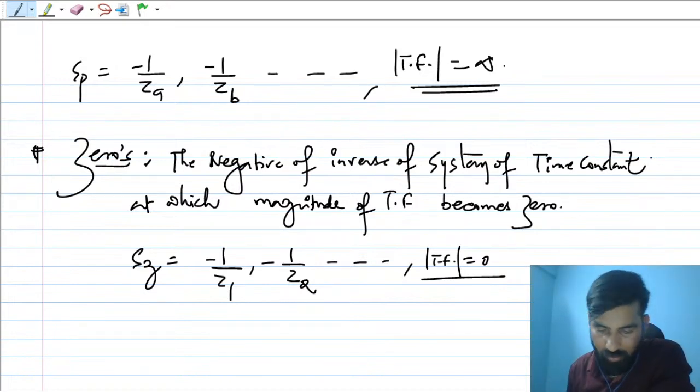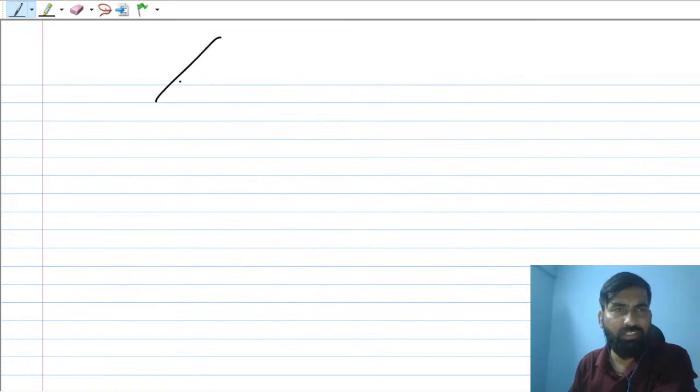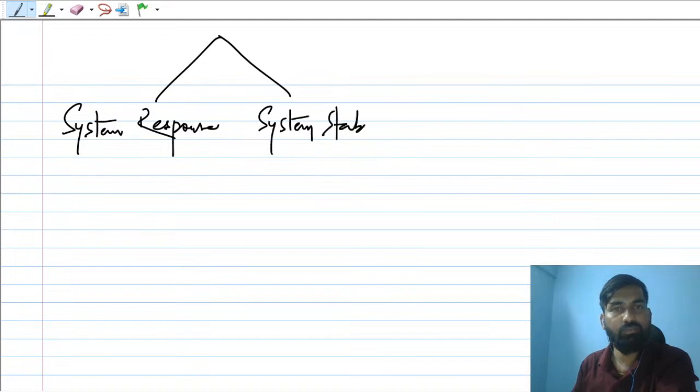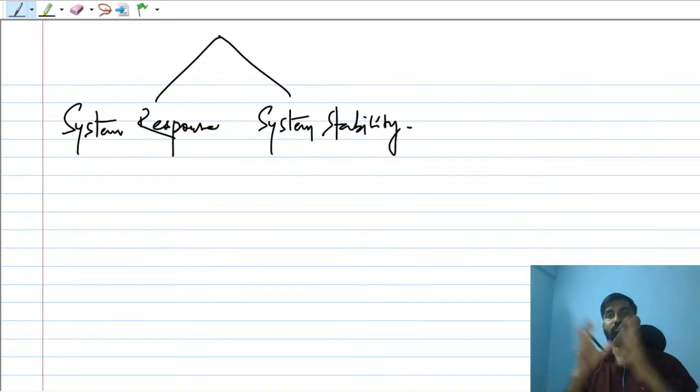So poles can affect the system response and system stability. You have to keep that in mind. In control systems we are always concerned about system response and system stability. These two concerns are always moving around, right?